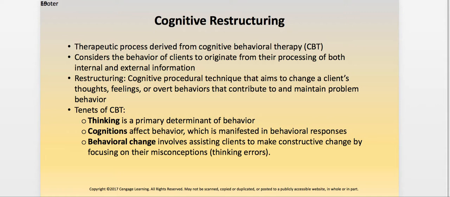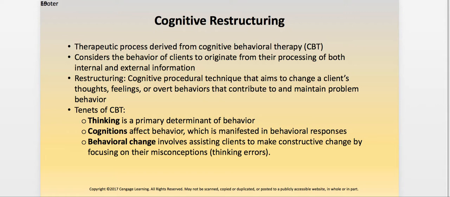If you think of this in the ABC model, there's the antecedent, the behavior, and the consequence. Well, actually, it's the antecedent and, I forget what the B is, it's not behavior, but in any event, something happens, A. B, the individual has thoughts.